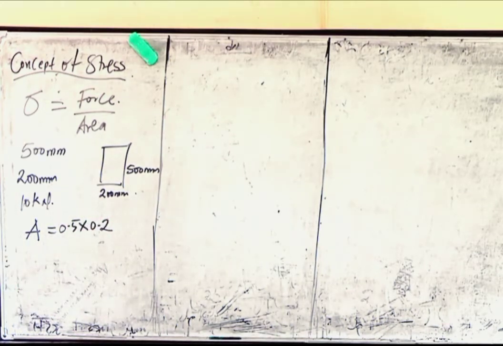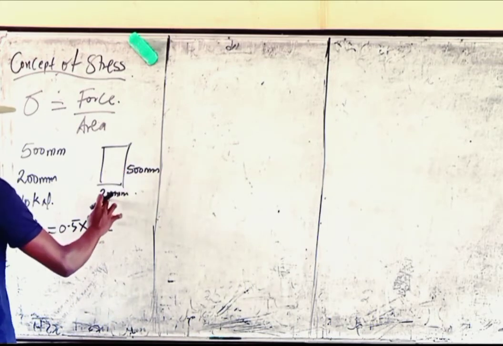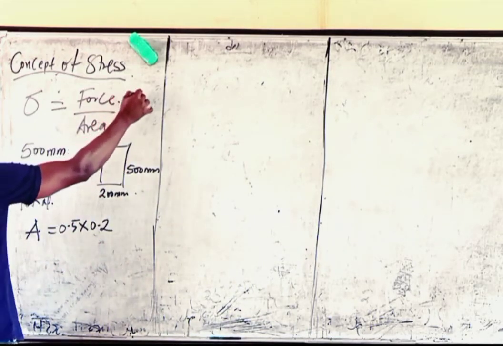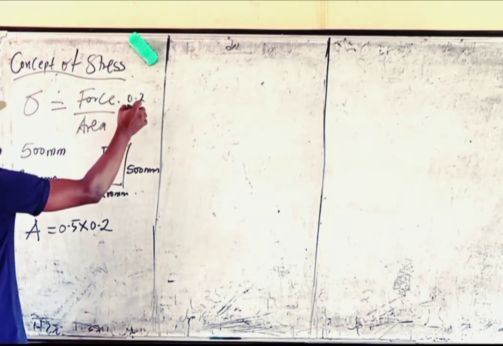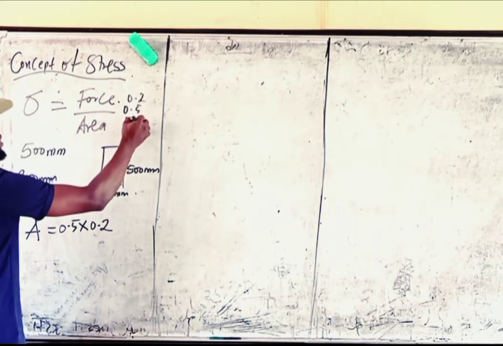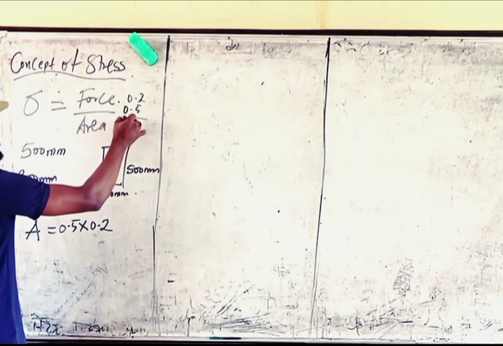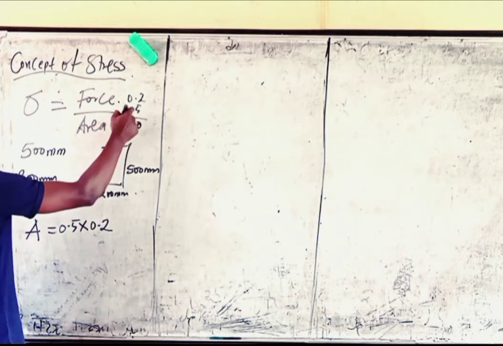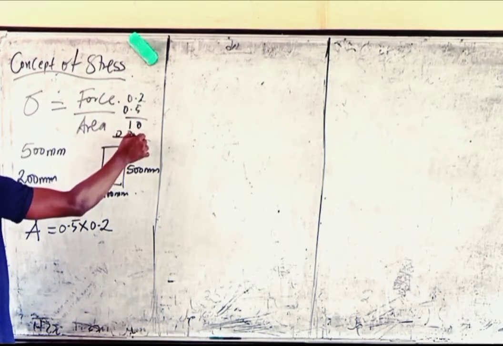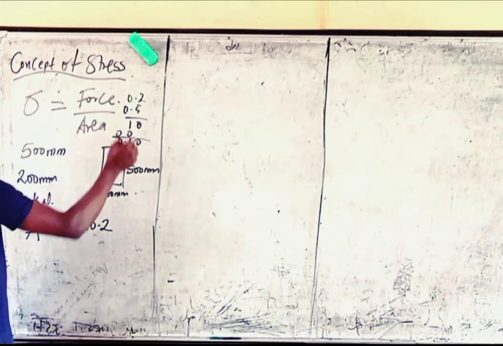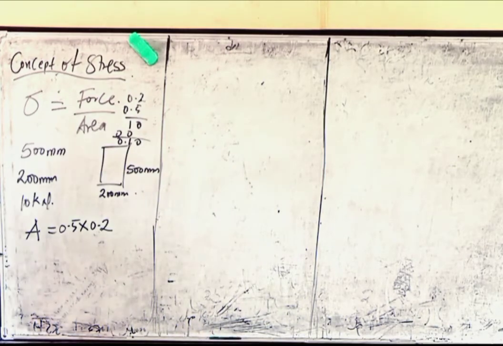So 0.5 times 0.2, let's double check. 0.2 times 0.5 is 10 with two decimal places, so 0.1. 0.5 times 0.2 is 0.1.